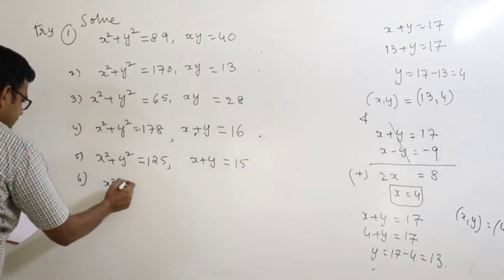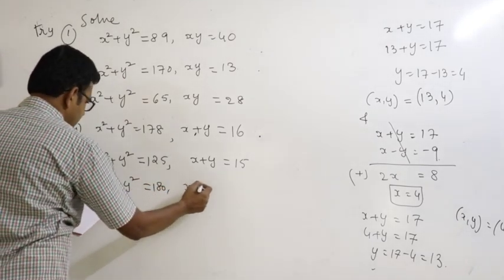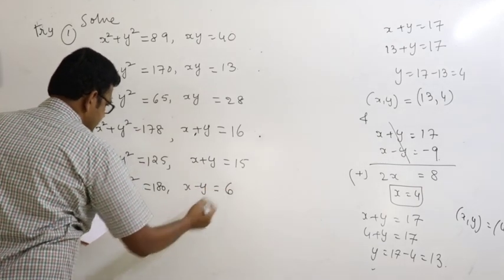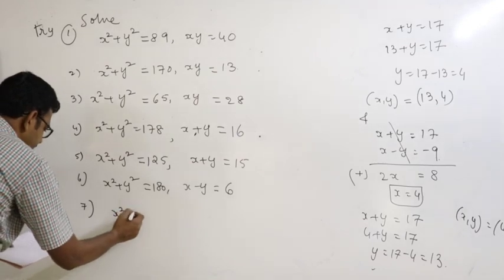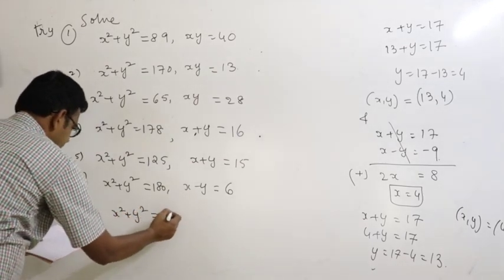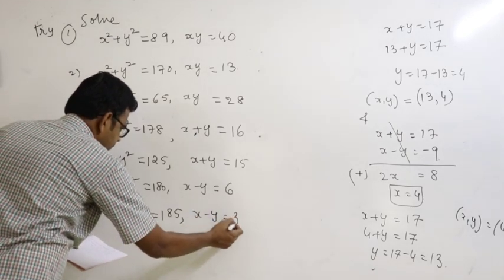And x square plus y square is equal to 180, x minus y is equal to 6. x square plus y square is equal to 185, x minus y is equal to 3.